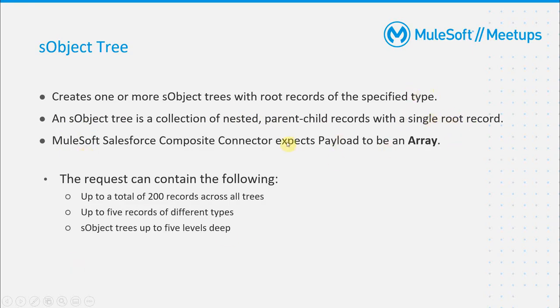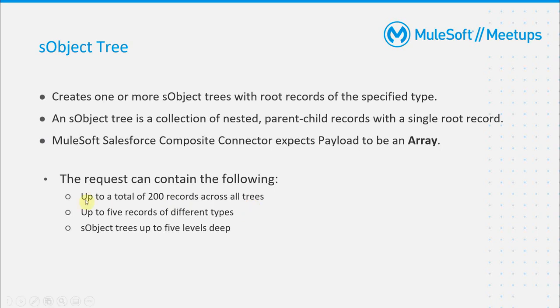And what it expects on the MuleSoft connector is an array payload, like batch and unlike composite request. And this is very crucial, so please pay attention here. It says the request can contain up to a total of 200 records across all trees. In batch and composite requests you can only create 25 sub requests, 25 records.